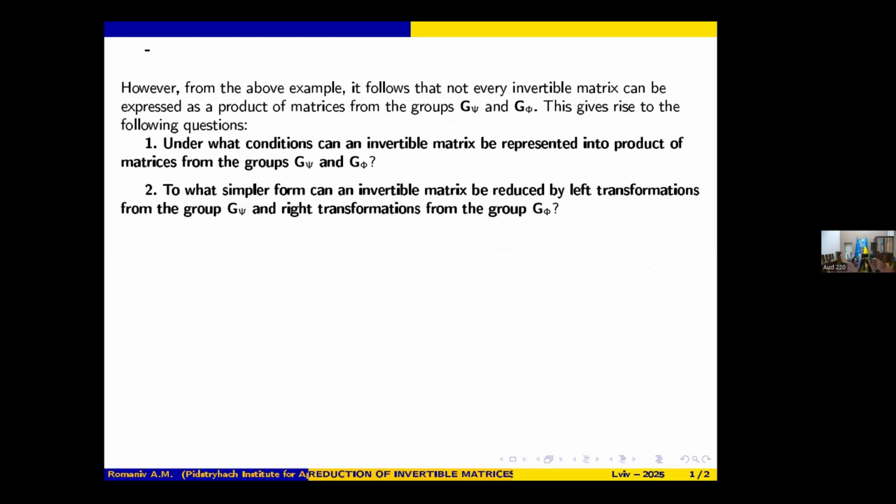From the above example, it follows that not every invertible matrix can be expressed as a product of matrices from the Zelisko groups. We have the next questions. Under what condition can an invertible matrix be represented as a product of matrices from the Zelisko group, and to what simple forms can an invertible matrix be reduced by left and right transformations from these groups?